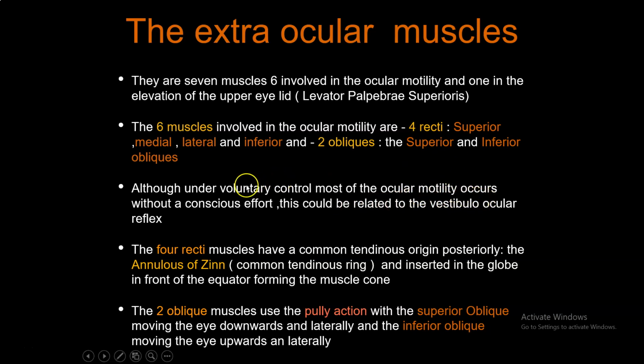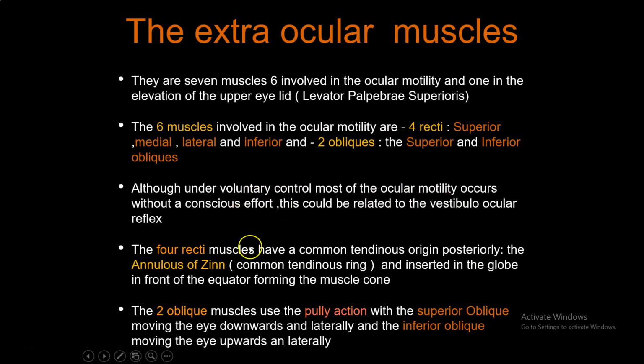So though you can do it voluntarily, there is a system or a reflex that makes the eyes move together and in different directions with the movement of the head and the body. This is related to the vestibulo-ocular reflex, where the fibers meet together in the medial longitudinal fasciculus, which is present in the brainstem, in the midline. You can revise it again from the lectures on the brainstem.